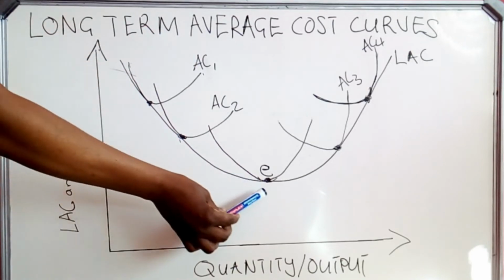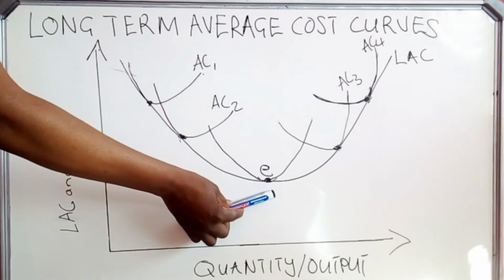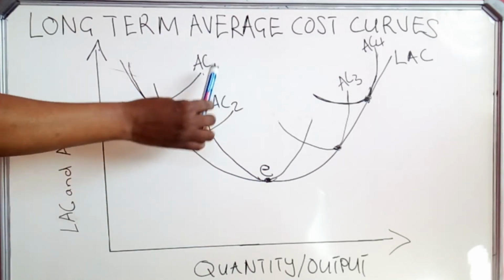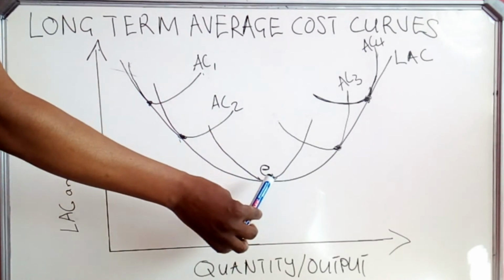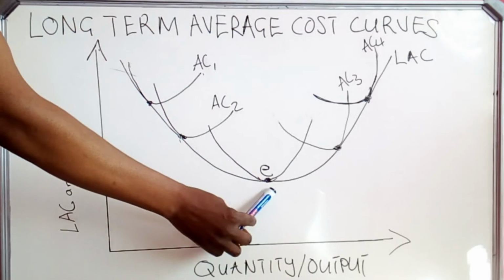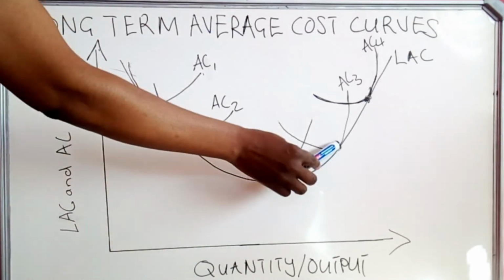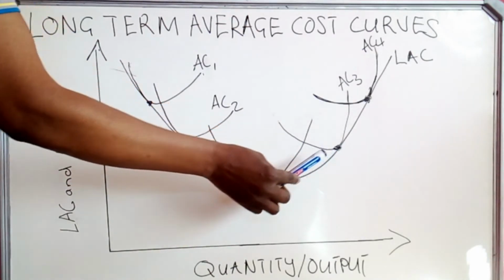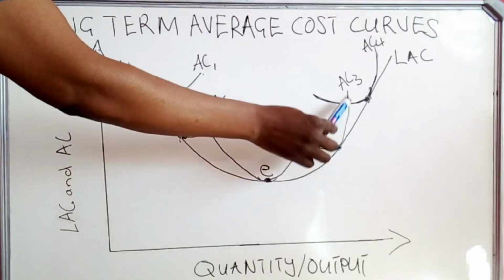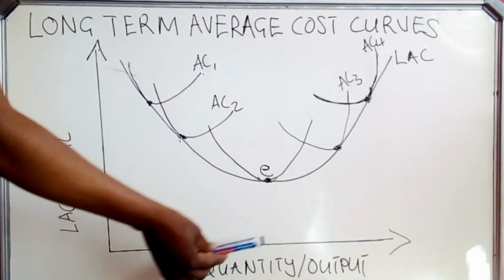So this point E is the lowest in terms of average cost. For this firm to be profitable, it can increase its production capacity until this point. But beyond this point, an increase in production capacity from AC3 to AC4, you see there is an increase again in the average cost.